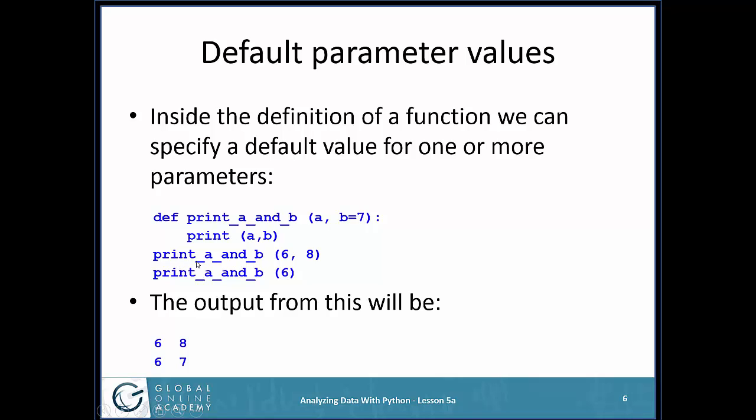If I call print A and B with a 6 and an 8, the output will be 6, 8. If I call print A and B with just a 6, what happens? This 6 goes into the first parameter. I did not give it a second parameter, so it will have a default value of 7. And what gets printed from this second one is the numbers 6 and 7.